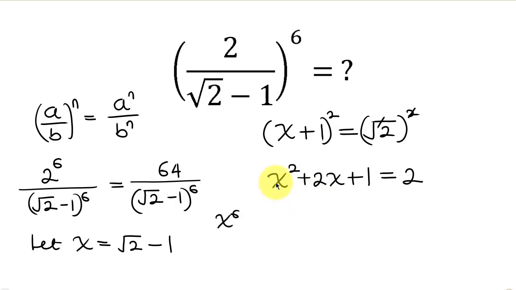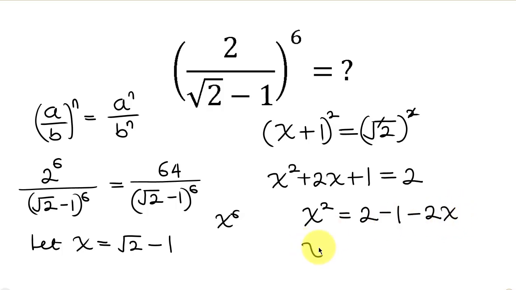Now I'm going to be making x squared the subject. So x squared. And in order to do that, I'll have to move these other items to the right hand side. I've already got 2 on the right. Now when I move 1 to the right hand side, it becomes minus 1. And when I move 2x to the right hand side, it becomes minus 2x.